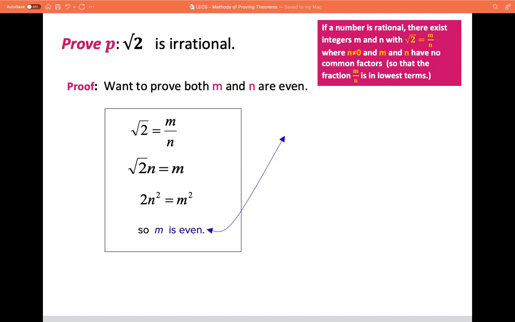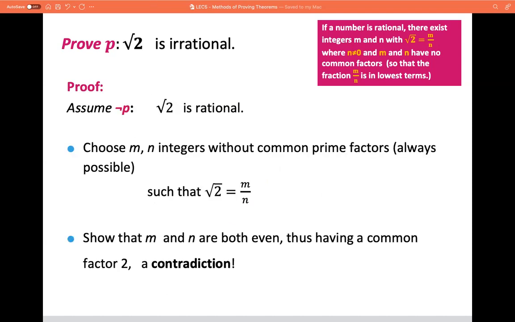So going back, they should not have common factors, but we have shown that m and n have common factors. So we have contradicted the assumption, not p. Since this is false, then p, square root of 2 is irrational, is true. Okay?